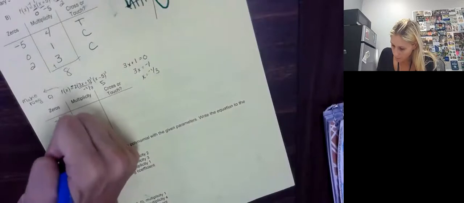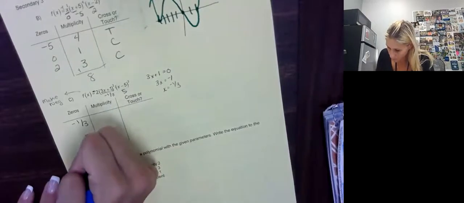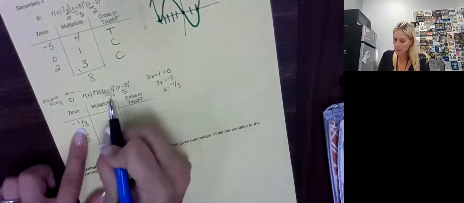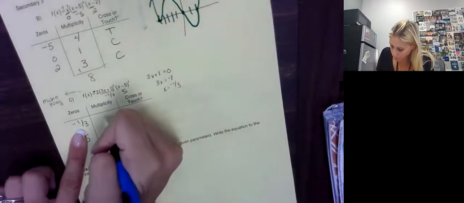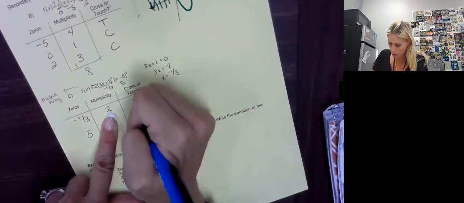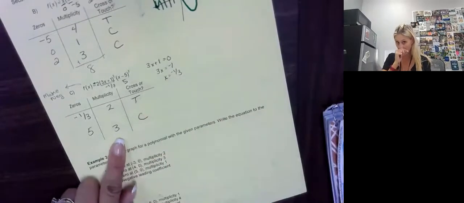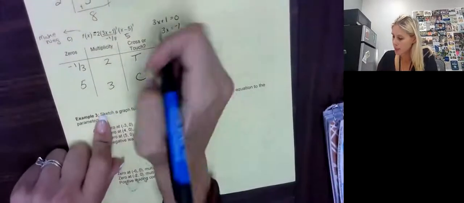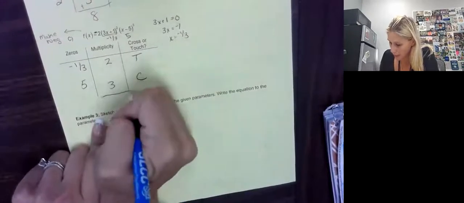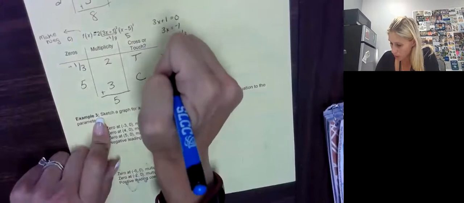I do not have a 0 like I did in part B because I don't have an x out front. The multiplicity for the -1/3 is 2. The multiplicity for the 5 is 3. Again, even we touch, odds we cross. And behavior, right? So I'm going to add these. I get 5. So I know the degree is 5.